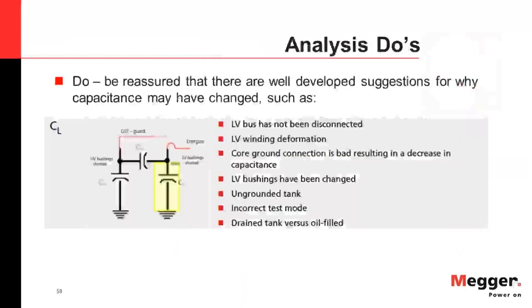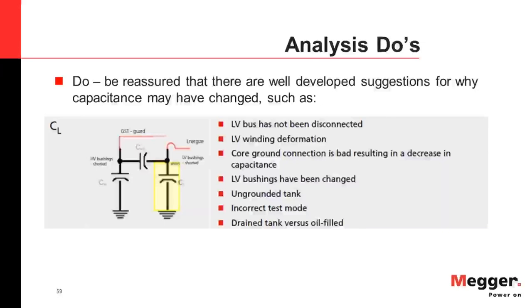You can see that for CL capacitance, possibilities include: I haven't disconnected the low voltage bus, so I'm testing more, and that parallel extra bus capacitance will cause CL capacitance to increase. Or I could have winding movement. Any kind of geometric change can cause a change in capacitance.